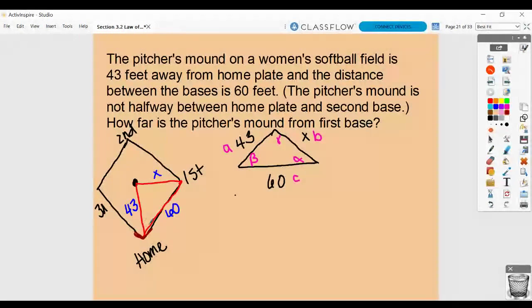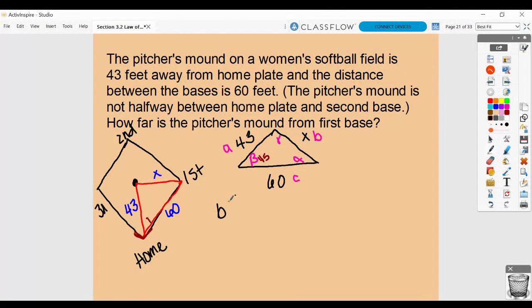So this angle in here would be 45. Now, it doesn't necessarily mean that this other angle is going to be 45. Remember, these aren't necessarily isosceles triangles or anything like that. So we need to find side B.